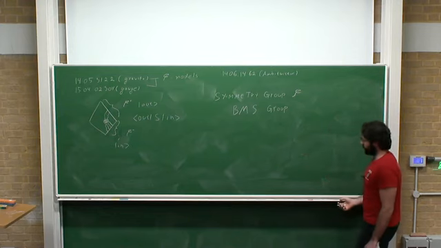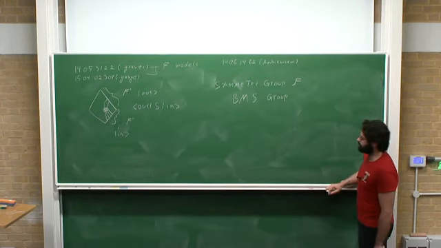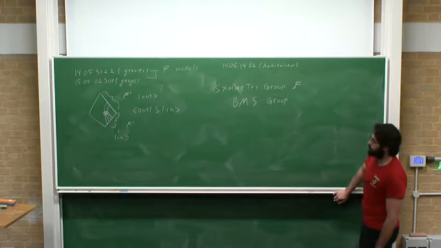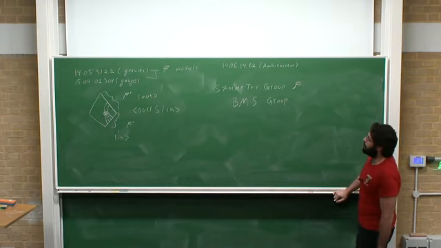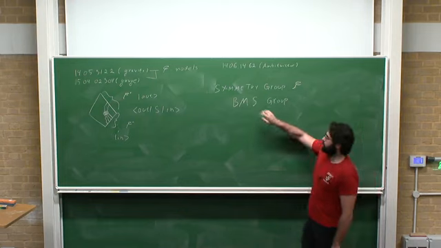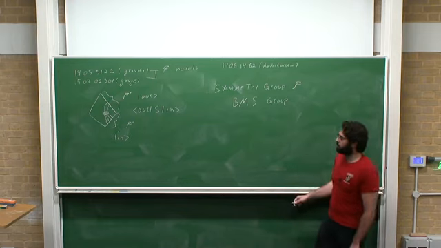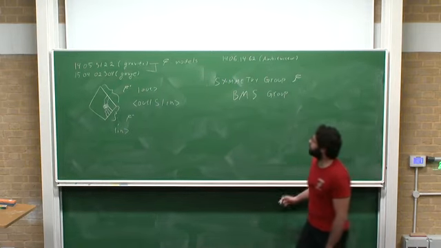There are other ways of defining a symmetry group, but this seems quite natural from the perspective of asymptotically flat spacetimes. What's interesting is that this group is actually infinite dimensional. I'm going to come back and talk a bit more about it in a second.